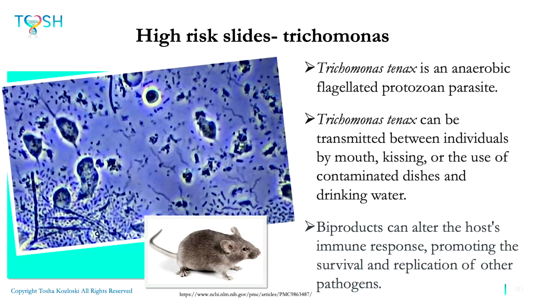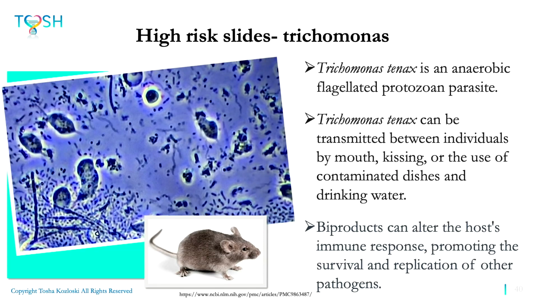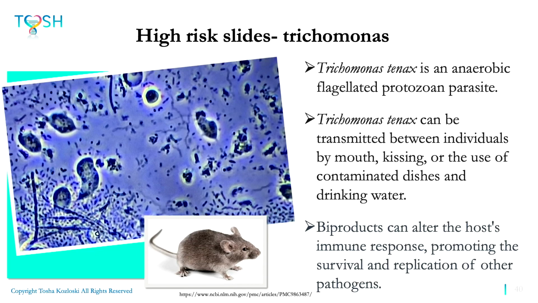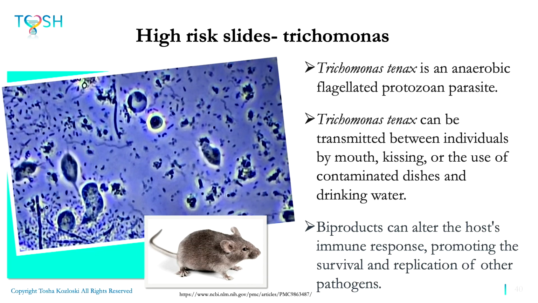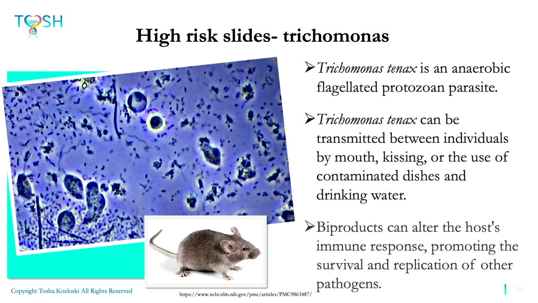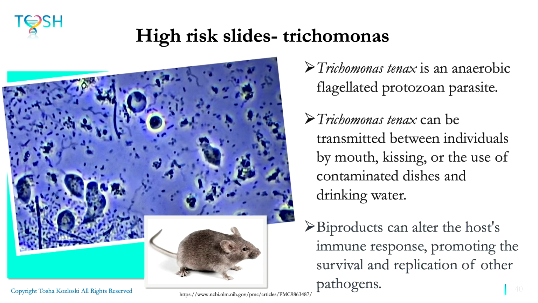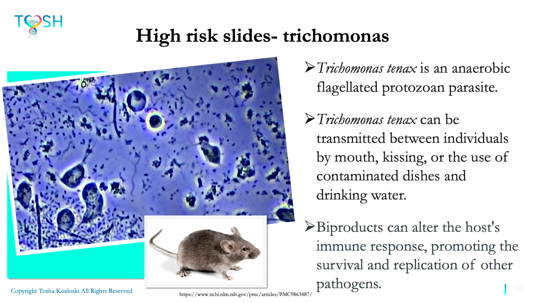Oh, Trichomonas tenax. I think they look like little mice. They're an anaerobic flagellated protozoan parasite. They are transferred just like the other bugs, mainly by parents, partners, pets, sometimes contaminated food and drinking water. The thing with them, though, is that their byproducts actually alter the immune response, so they promote replication of other pathogens.